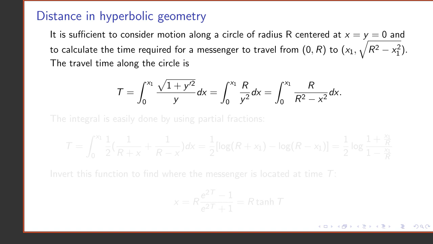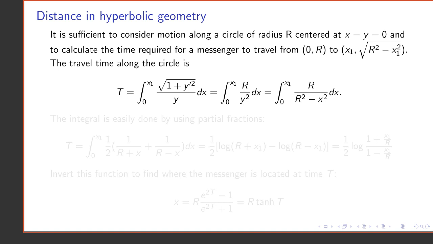So the travel time is given by this integral, but we found that that was equal to r over y squared. And since we're on a circle where x squared plus y squared equals r squared, we can replace y squared by r squared minus x squared.